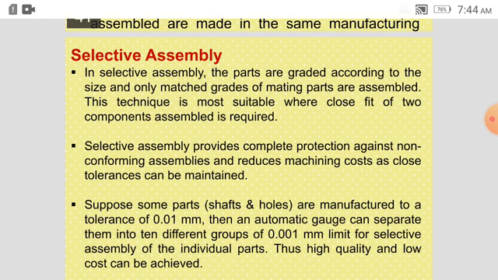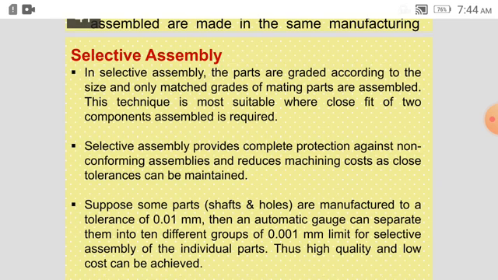Because this is assembly, we have a male and a female part, say a nut and bolt. If oversized nuts, undersized nuts, and basic size nuts are sorted, and then the oversized bolts, undersized bolts, and basic size bolts are sorted, then the basic size bolts can be very easily assembled with the basic size nuts.